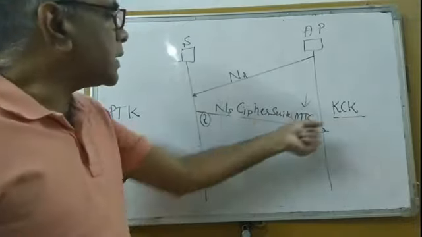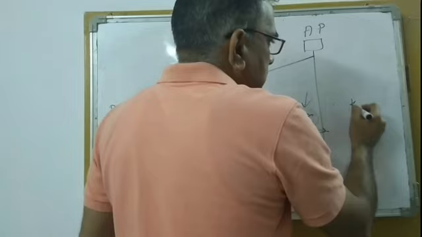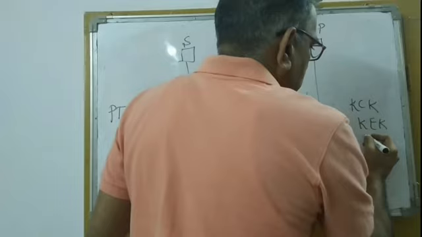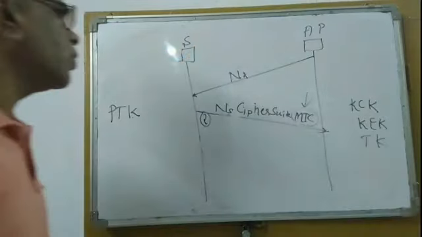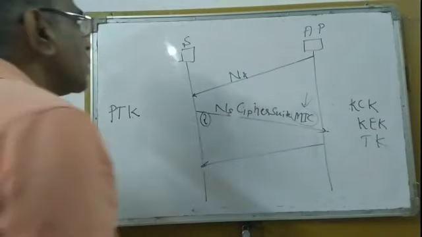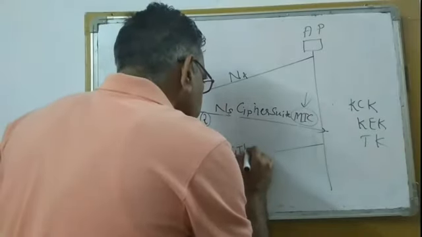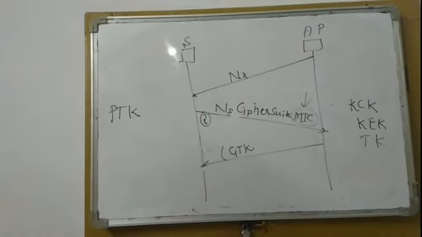The moment it gets NS over here, it also generates those keys, that KCK, KEK and the temporal key, TK. All these things are generated at the receiving side too. Then what the receiver does is pass the information back to the station. In this case it sends GTK, the group transient key.